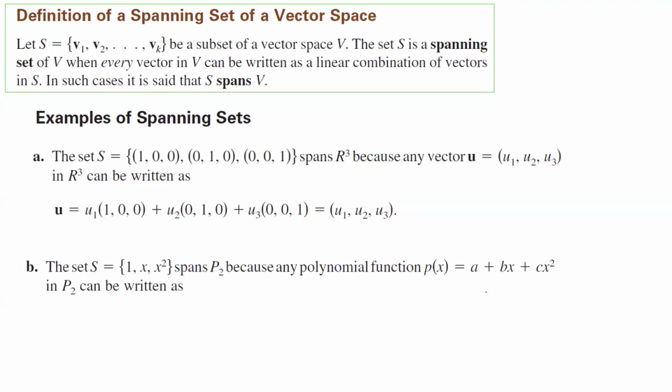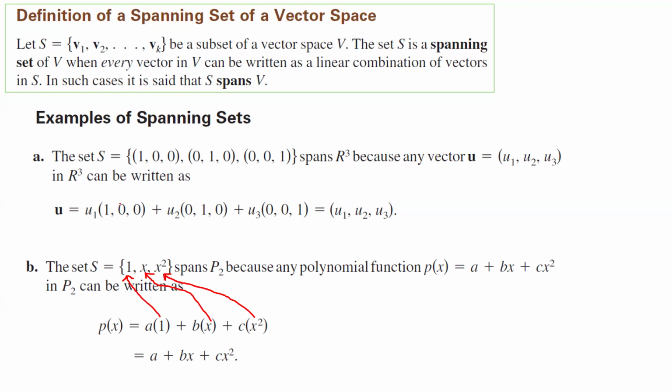So any polynomial in this vector space, p of x, can be written as a times 1, this is your very first vector here, b times x, the second vector, and here you have c times x squared. So basically you have a plus bx plus cx squared.